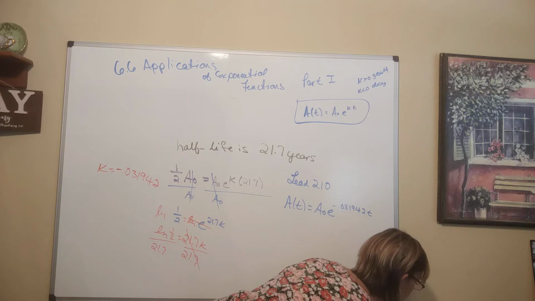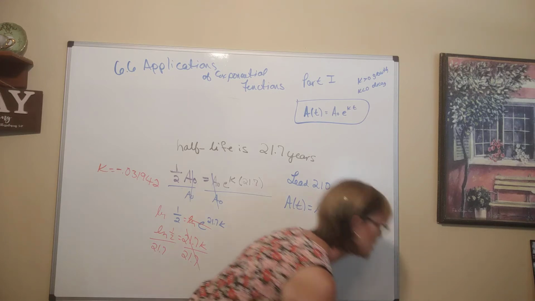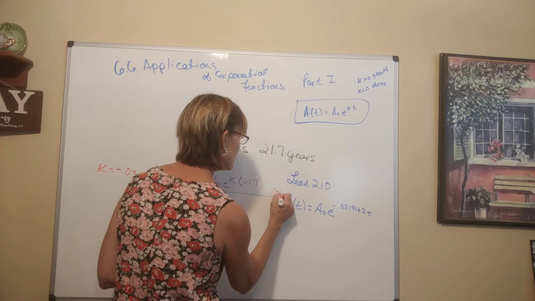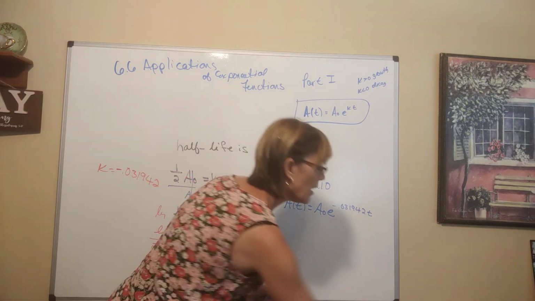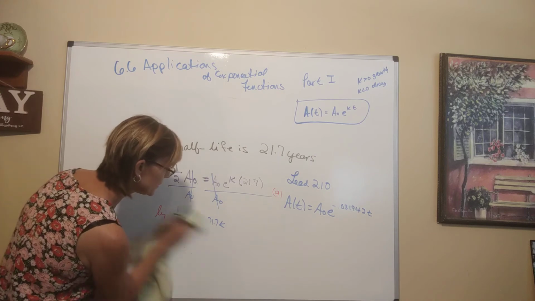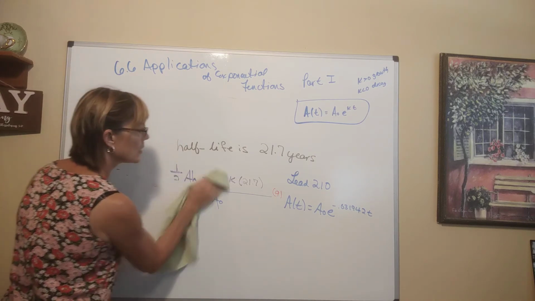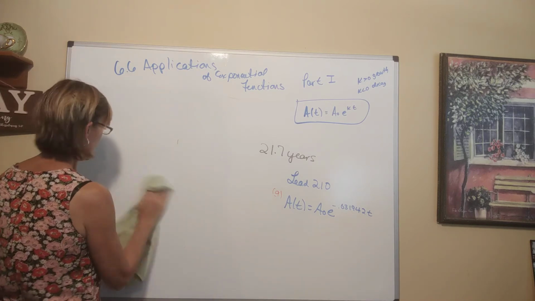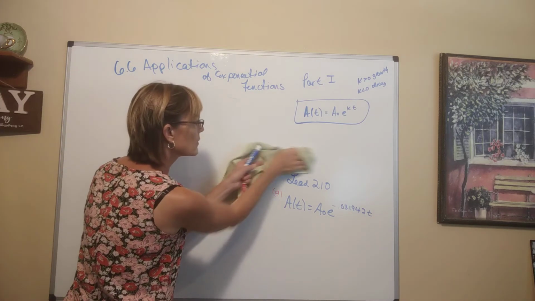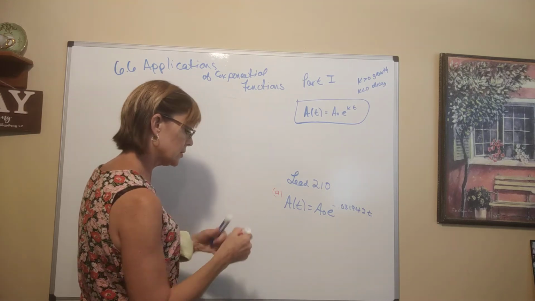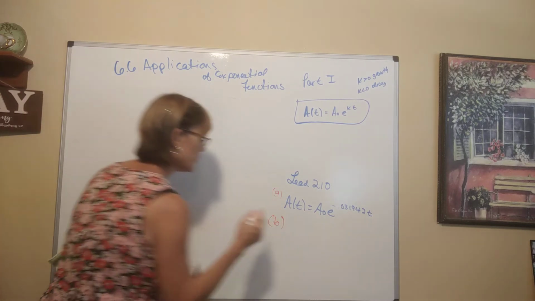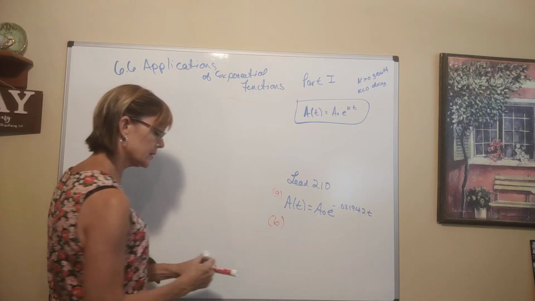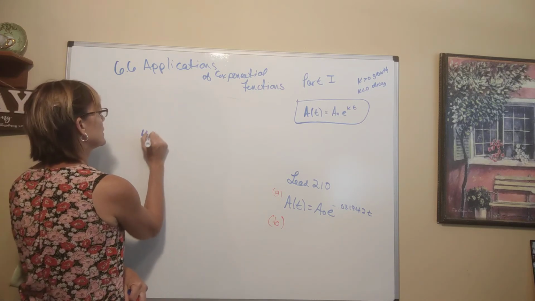Part B says estimate how long it will take for the sample of 500 grams to decay to 400 grams. We're looking for time, t, that's what we don't know. So it goes like this. How much after some time has passed is going to be 400.